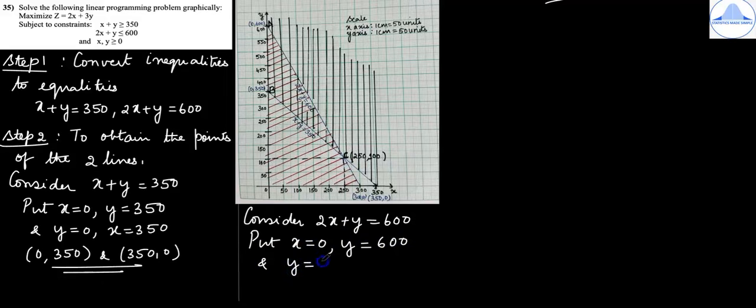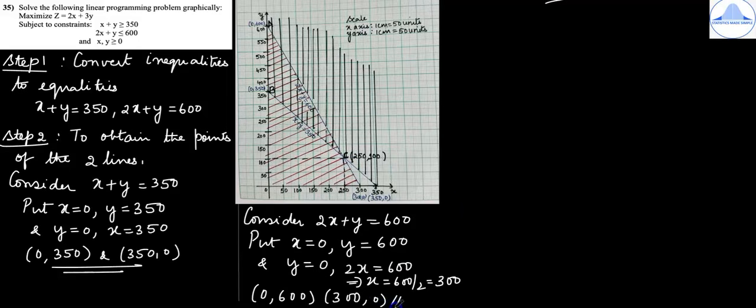And when you put y equal to 0, you get 2x is equal to 600, which implies that x is equal to 600 divided by 2, that is equal to 300. So the 2 points for this line are 0 comma 600 and 300 comma 0.